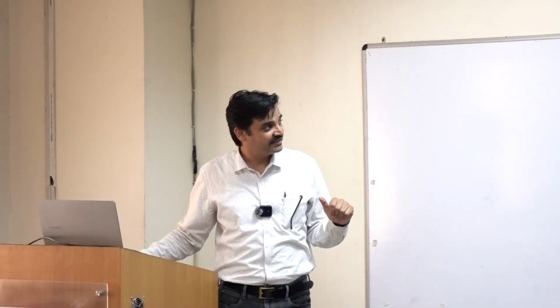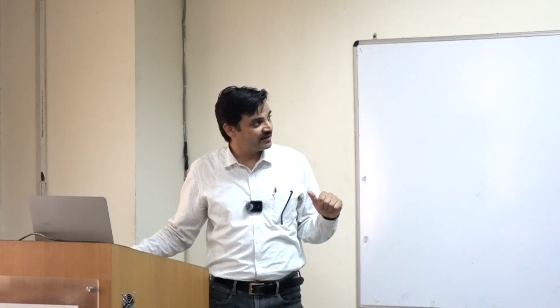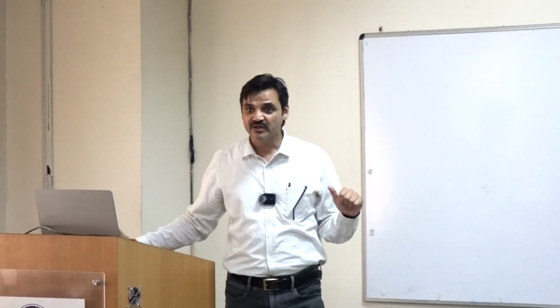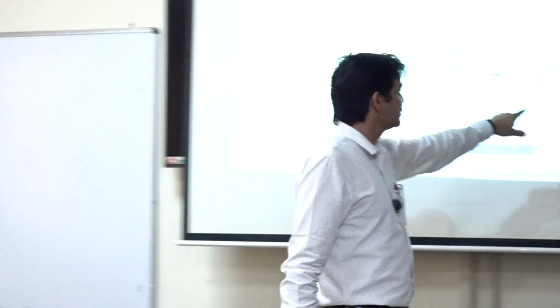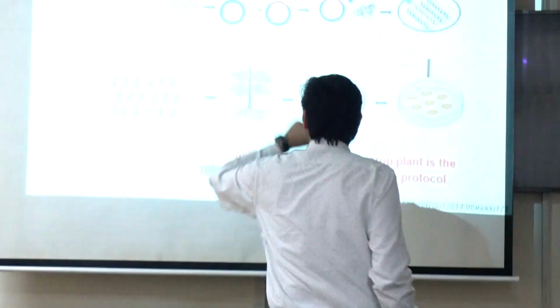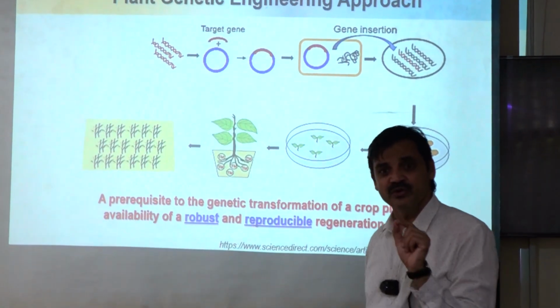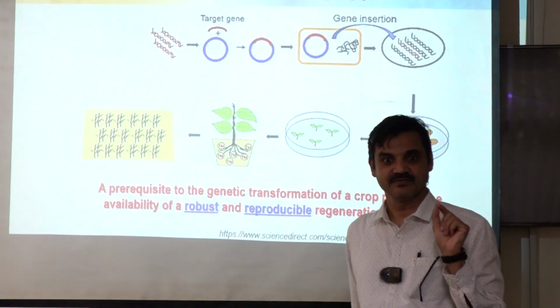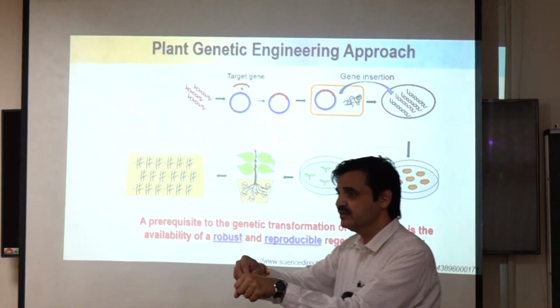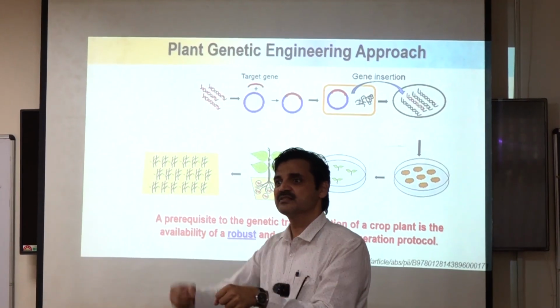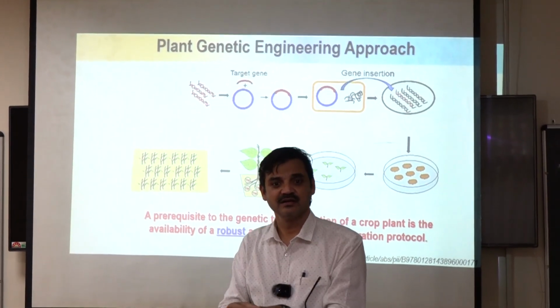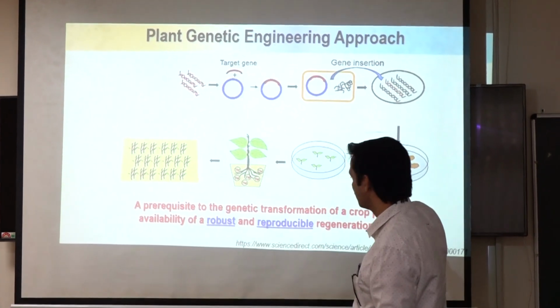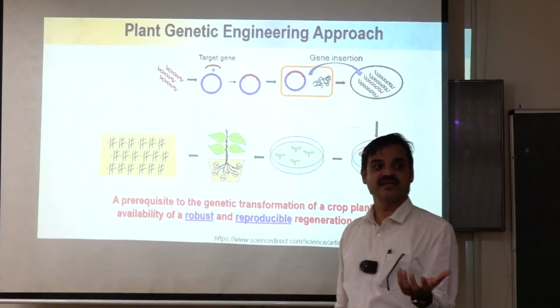To do that, you need to know that those cells shown here in this corner can be converted into plantlets. So you should know how to convert a single cell into a plant system. If you take a cell from here, can you make a whole system? You can. This is what is possible in plants. We are still struggling with the animal system.